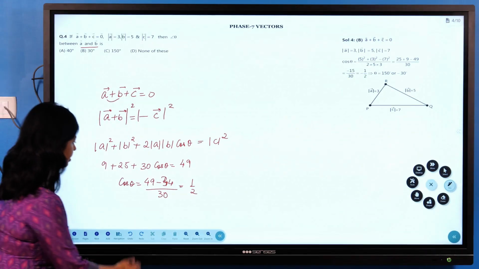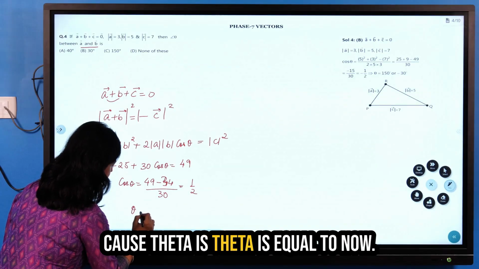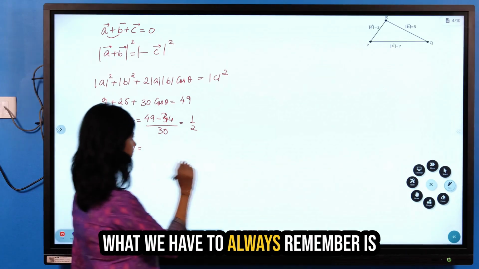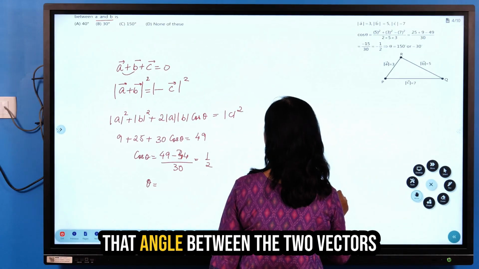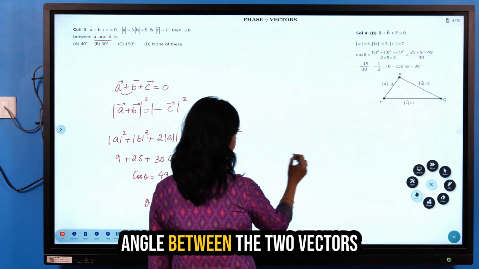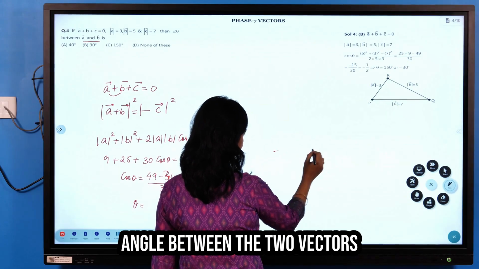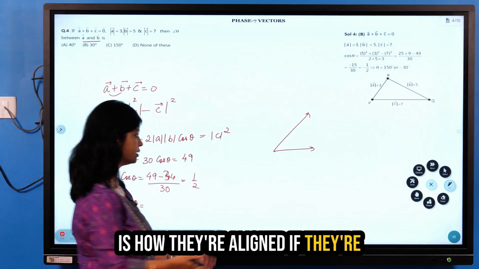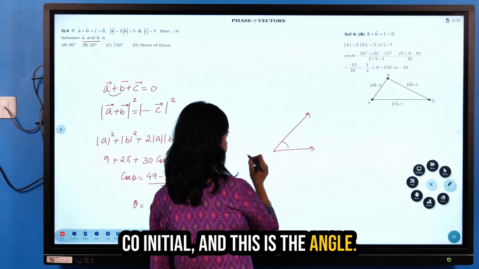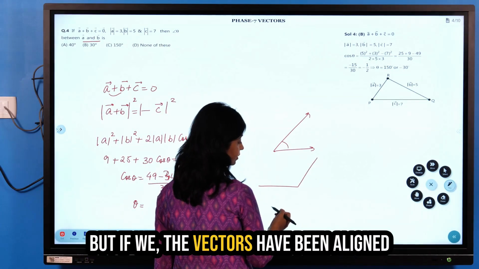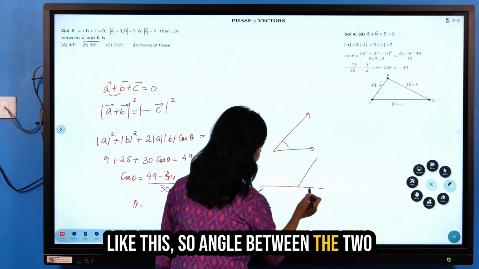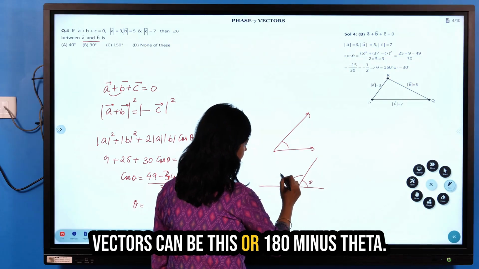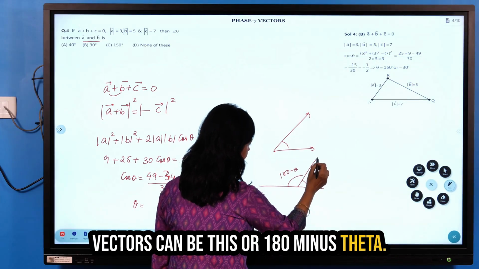Now, cos theta is equal to 1 by 2. What we always have to remember is that the angle between two vectors depends on how they're aligned. If they are co-initial, this is the angle, but if the vectors have been aligned like this, the angle between the two vectors can be theta or 180 minus theta.